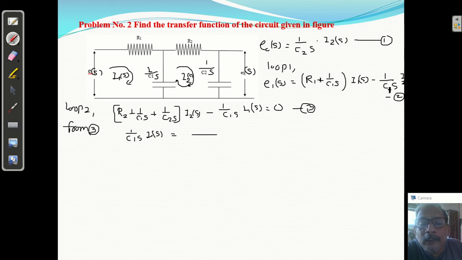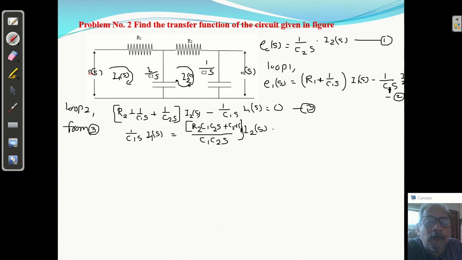I am taking LCM C1 C2 S into I2 of S. If you solve 3, C1 into C2 into S is common, so here will come R2 C1 C2 S plus here will come C2 only plus here will come C1. So this is the value of I1.